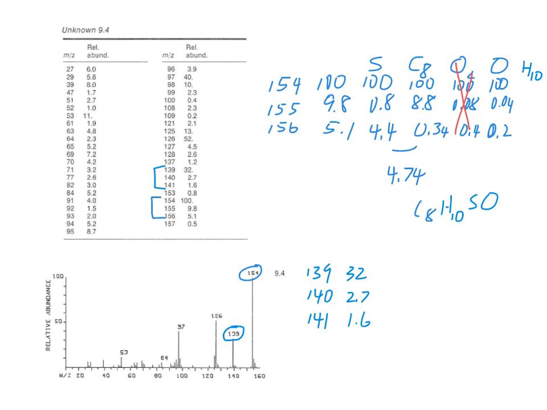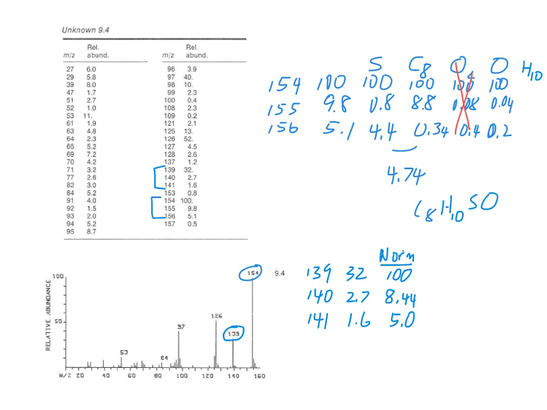I went down one too many. All right, so we divide 100 by 32, we get a factor, and we multiply all these by that. So this has to go up to 100. I did these before. This goes up to 8.44, and this goes to 5.0.